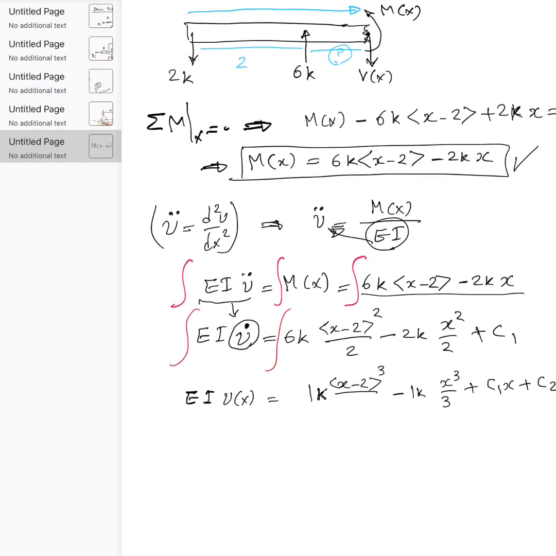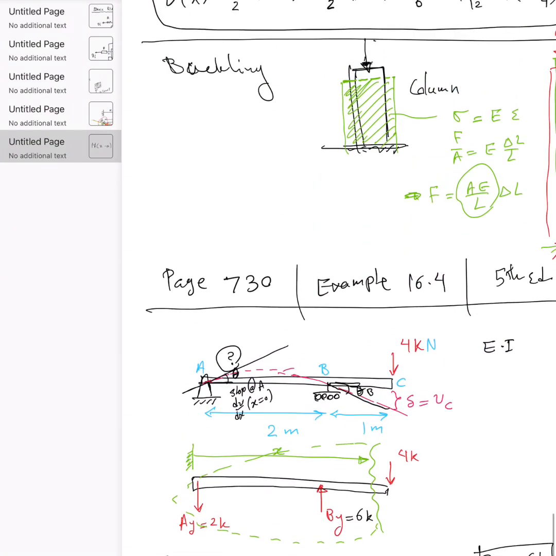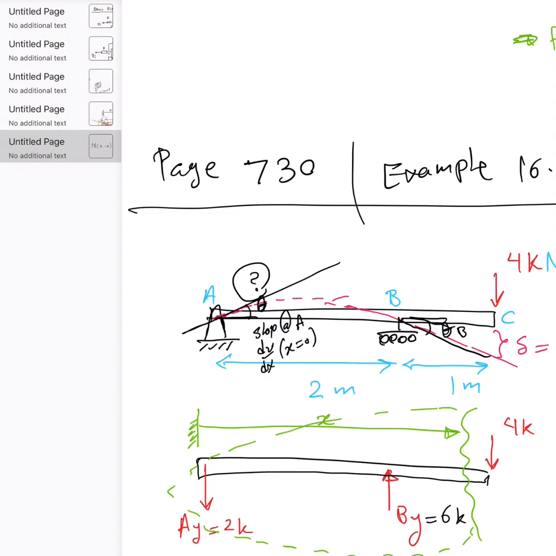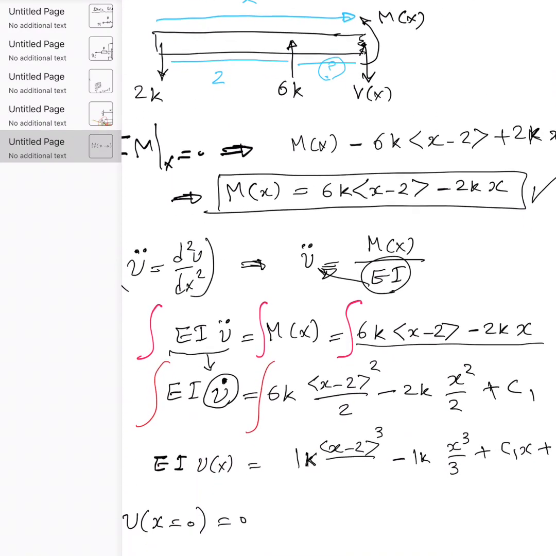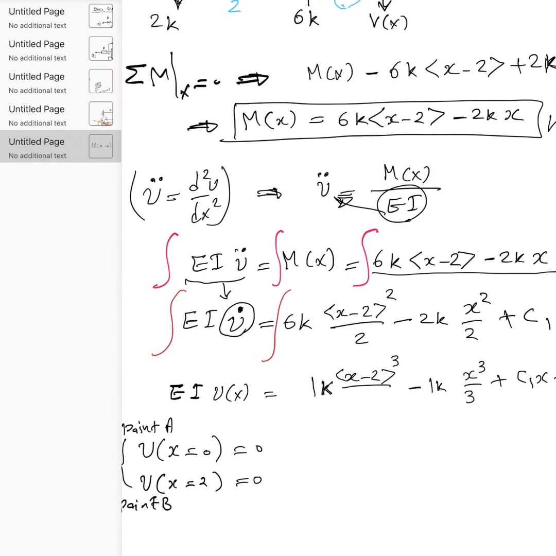Now the boundary conditions are V at x equal to 0 is 0. That means deflection at point A, which is simply x equal to 0, is 0. The second boundary condition is V at point B, which is x equal to 2, is equal to 0. This is point A above, and the bottom is point B. So I have these two conditions.